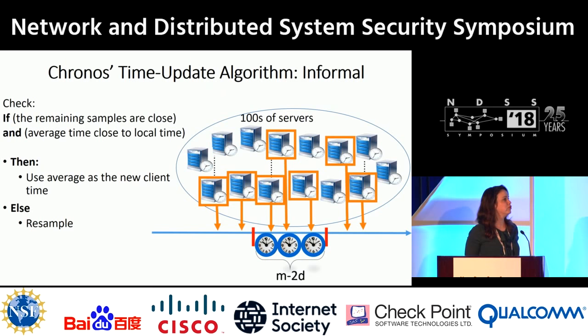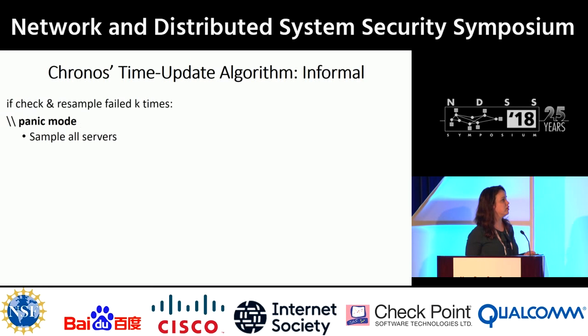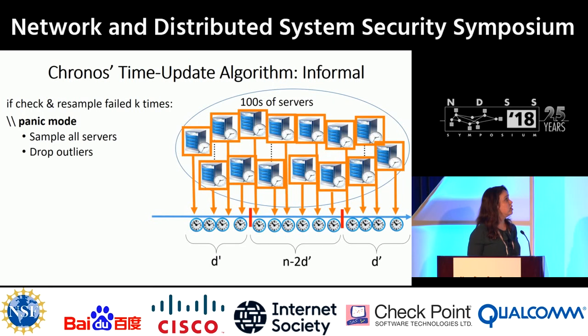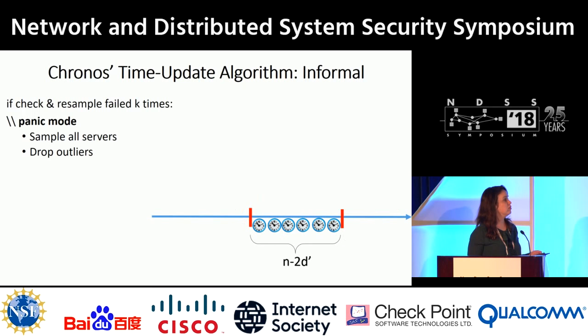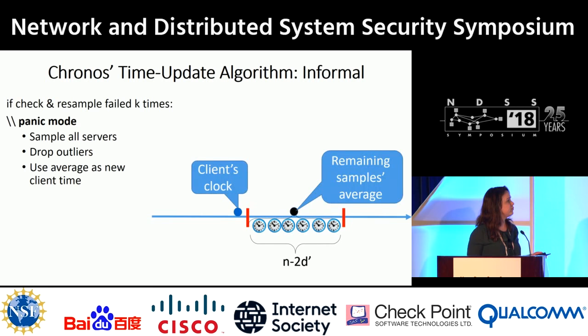If this condition works, we update the client's time. Otherwise, we're resampling again and again until we fail k times, and then we move to the panic mode, where we sample all the servers, drop outliers, and take the average of the remaining set as our new time.